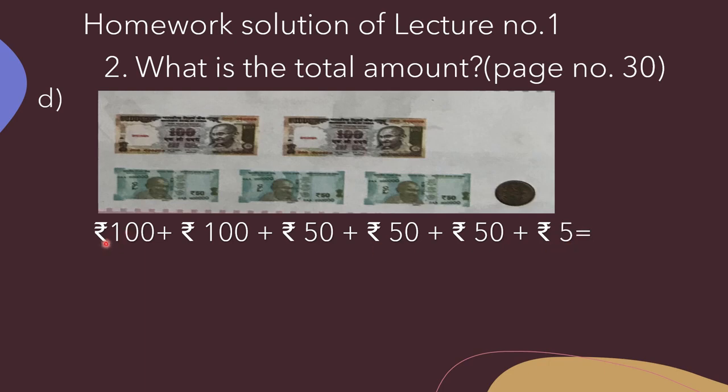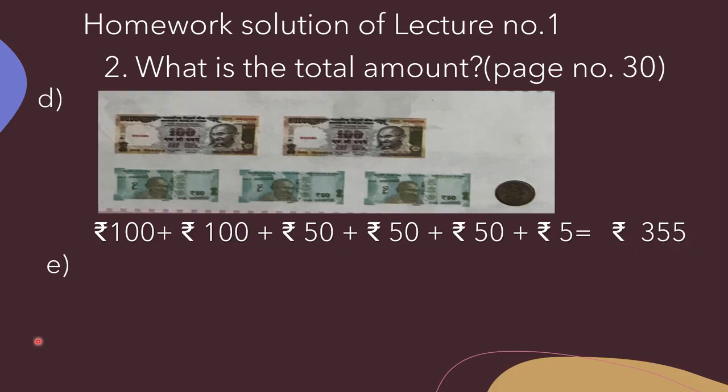Now we will add. 100 plus 100 is equal to 200. 200 plus 50, 250. 250 plus 50, 300. 300 plus 50, 350. And now we will add rupees 5. So 350 plus 5 is equal to 355. So here we will write 355.